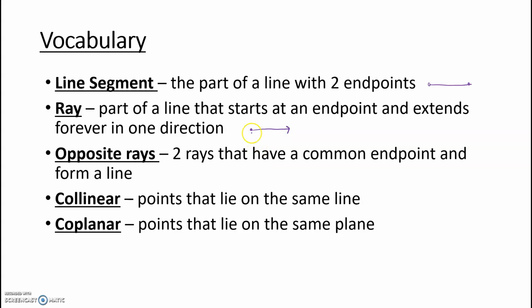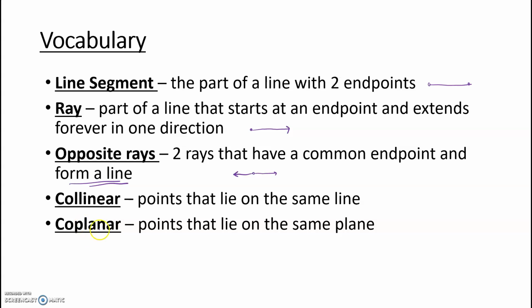So a ray only heads one direction, forever and ever. Opposite rays, they have a common endpoint, but they head different directions. So this one will head to the right, this one will head to the left. And notice they will form a line. Same endpoint, different directions. And then we've already kind of hit on collinear.